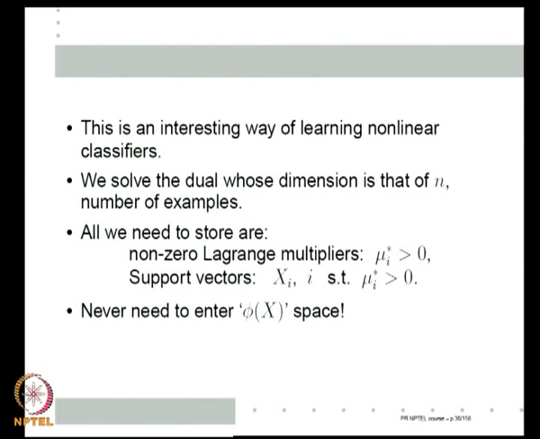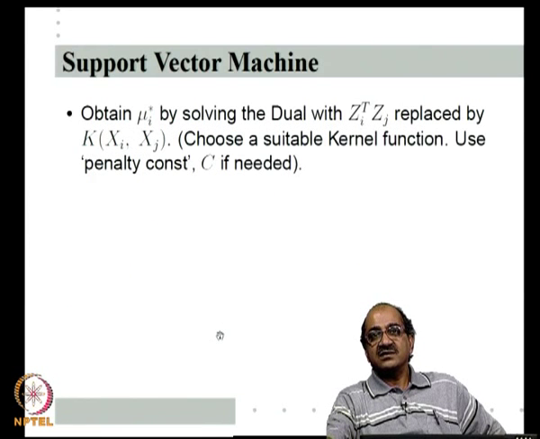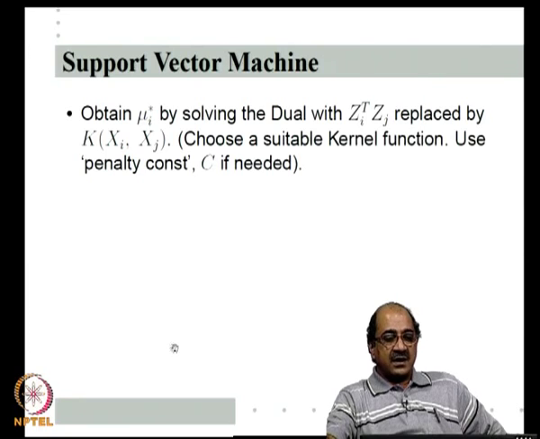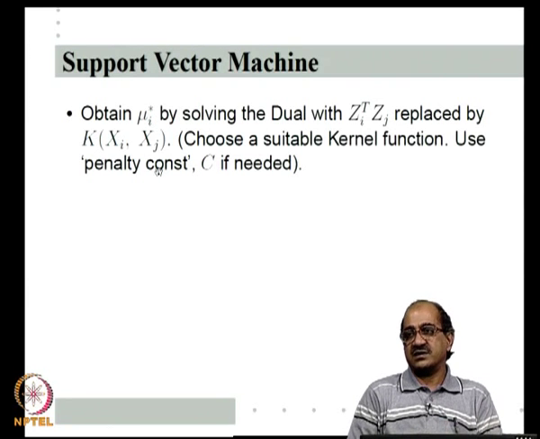If you tell me the kernel function k, I do not even need to know what phi is. I do not even need to know what the range space of phi(x) is, right. So, this is what support vector machine is. What does support vector machine do? I essentially obtain mu_i star by solving the dual with z_i transpose z_j replaced by k(x_i, x_j). All it means is I choose a suitable kernel function.